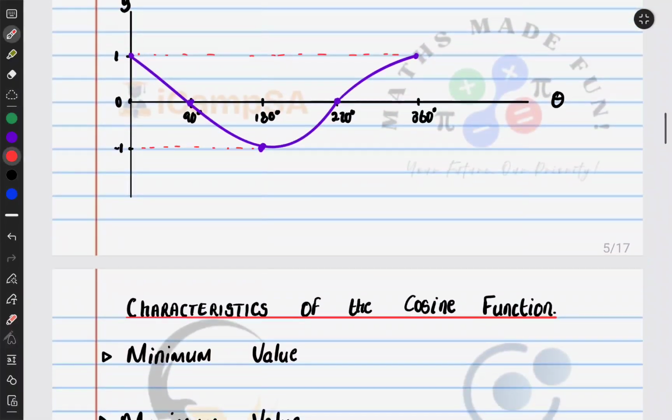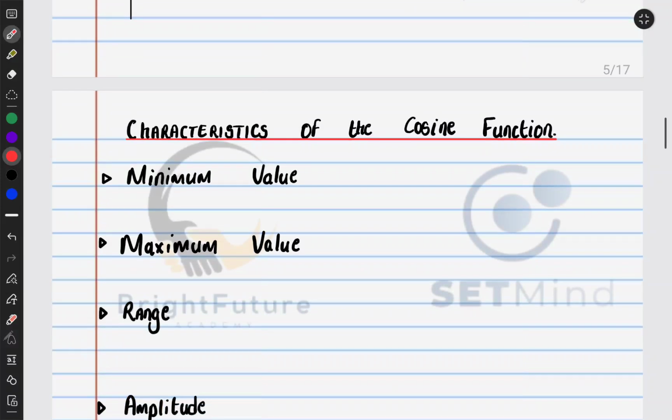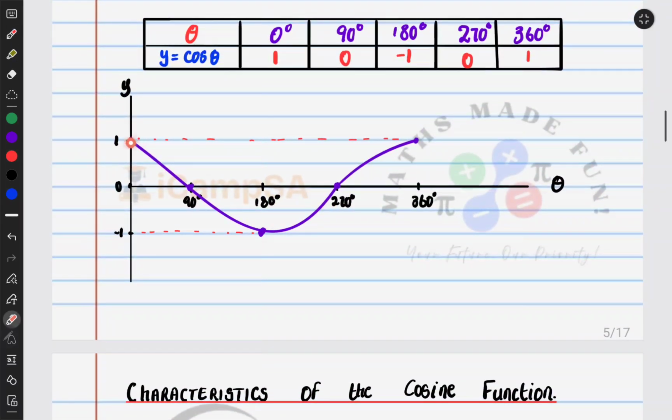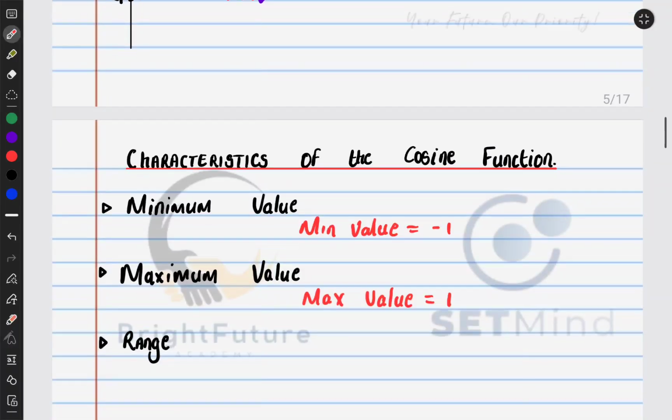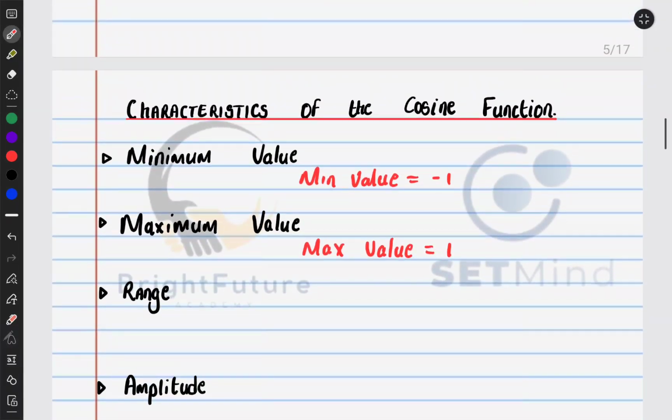And once again, our minimum value here is -1. So we're just gonna say min value is equal to -1. Maximum value, the highest or biggest value in our function, once again is still 1.